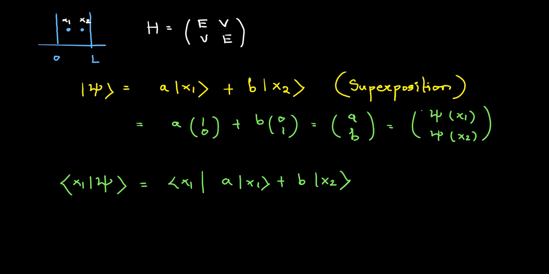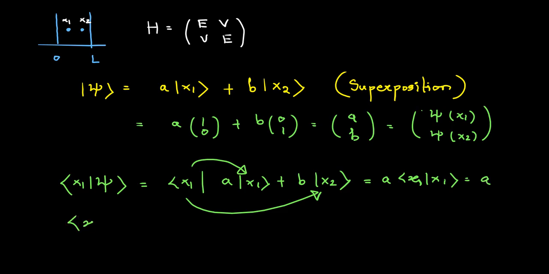You do the inner product with this and you do the inner product with this separately. So you get a <x1|x1> and you get b <x1|x2>, and that is 0, and this guy becomes a. The probability that, given the particle is in some superposition state, the probability of finding it at state x1 becomes a square, and this is how the whole maths goes on.